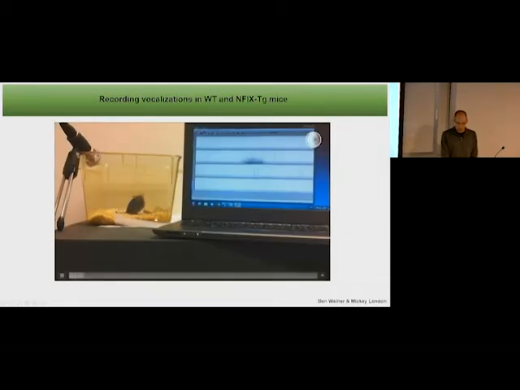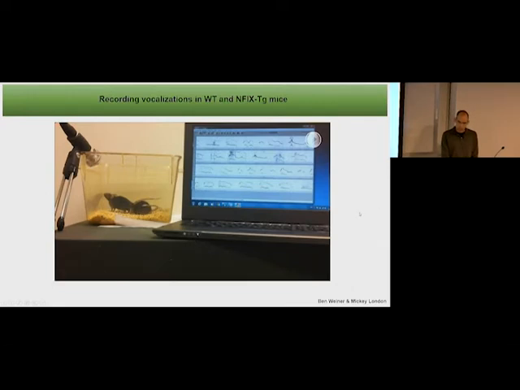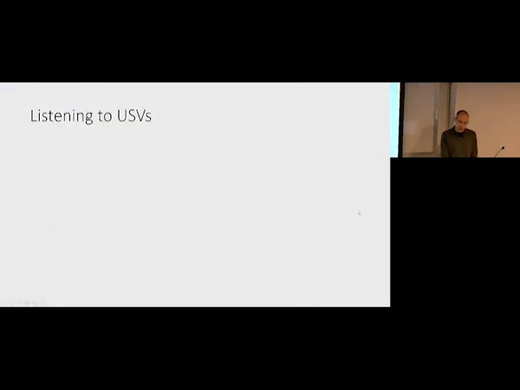So we generated the NFIX overexpressing mice, and we had this recording device. This work was done by Malka in my lab, together with the lab of Nicky London. Mice speak in syllables. They sound like birds.